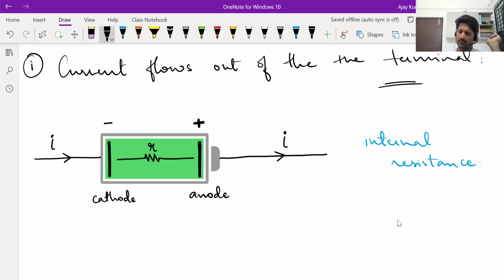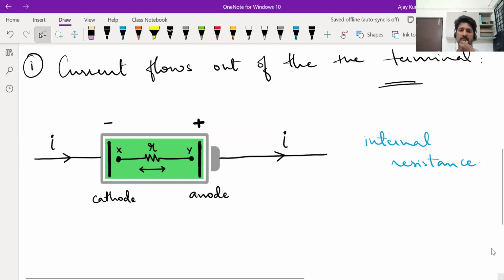Okay. Now let's say current is flowing to the right. Now battery uses chemical energy and it drives current this way. When current is flowing to the right, you consider this internal resistance. Let's call this point X and this point Y. Current is flowing from X to Y. Then tell me, if current is I and that resistance is small r, how much is the potential difference across this resistance inside the cell?